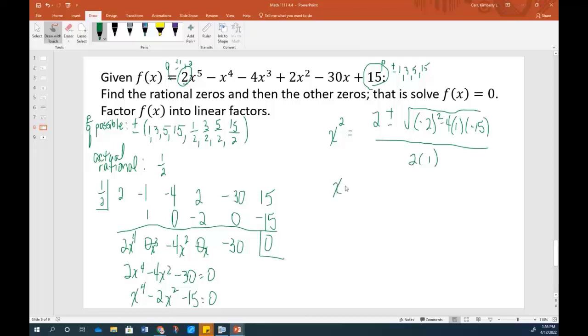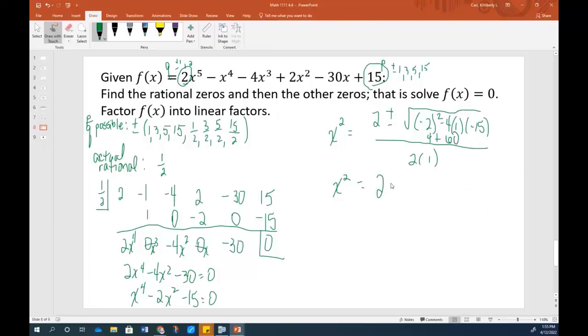And we're going to simplify that some more. So x squared equals, inside here, negative 2 squared is 4. A negative times a negative is a positive. And 4 times 15 is 60.